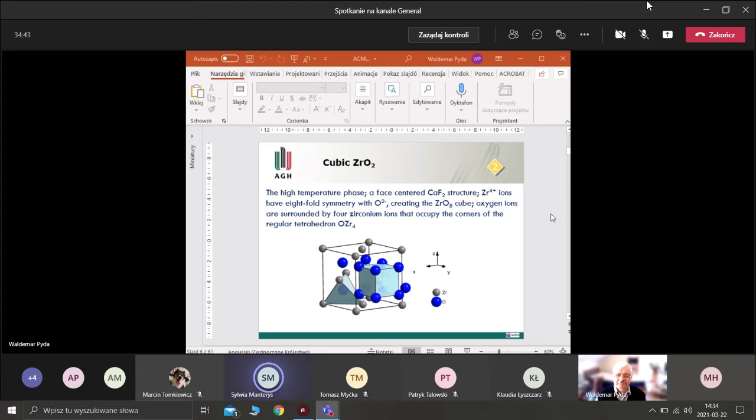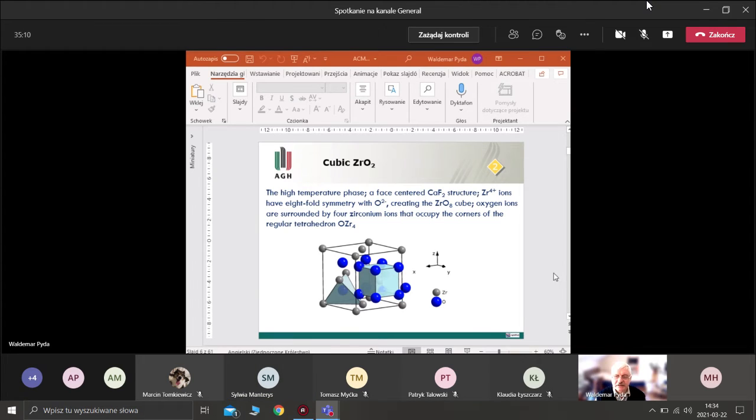Yes, they have 8-fold coordination. And oxygen ions are surrounded by 4 zirconia ions. Yes.